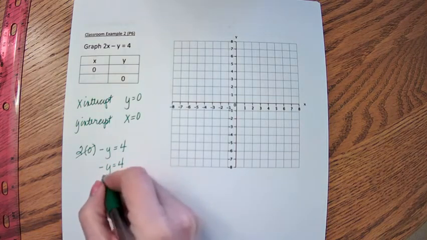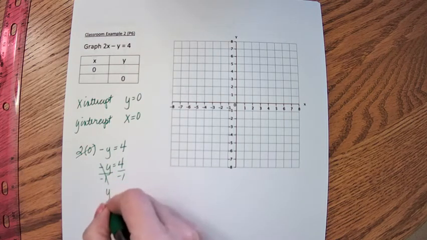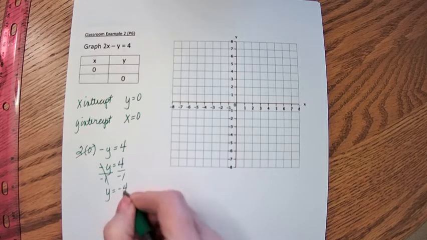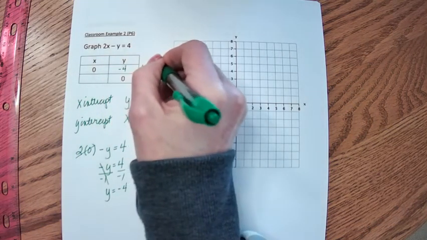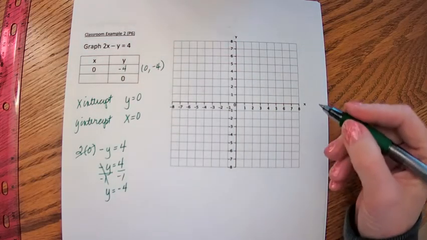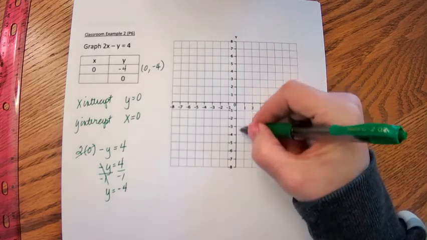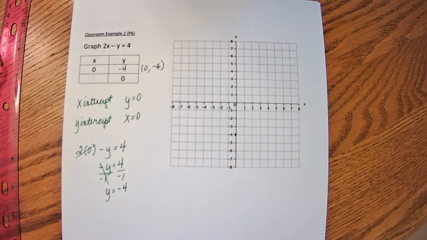Well, we don't want -y. Let's divide by -1, or in other words, let's change the signs. Y is -4. So not only is the point 0, -4 on the graph, we would say the y-intercept is -4, or the y-intercept is at the point 0, -4.